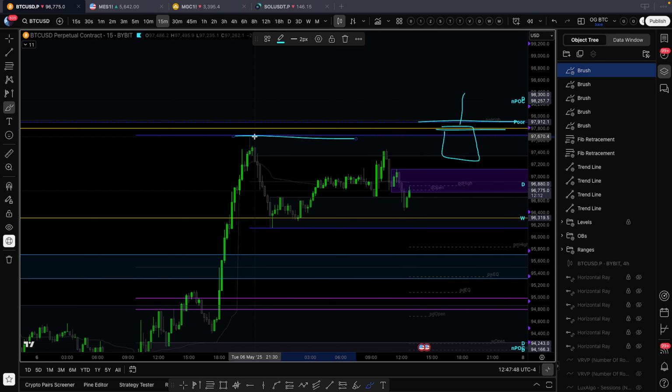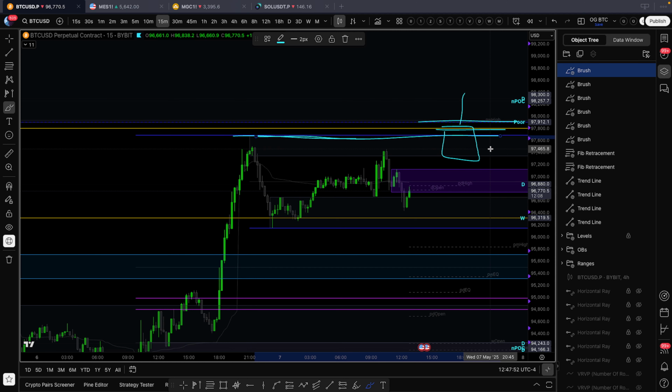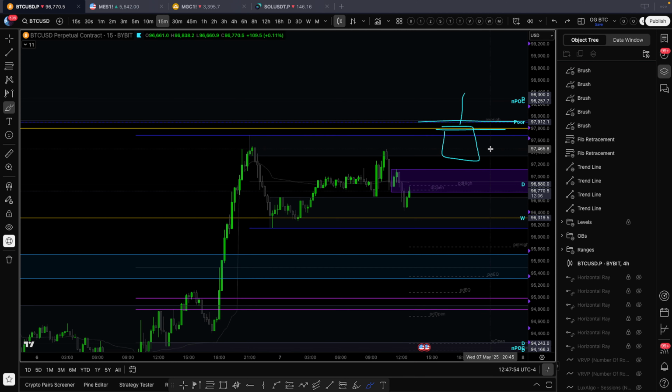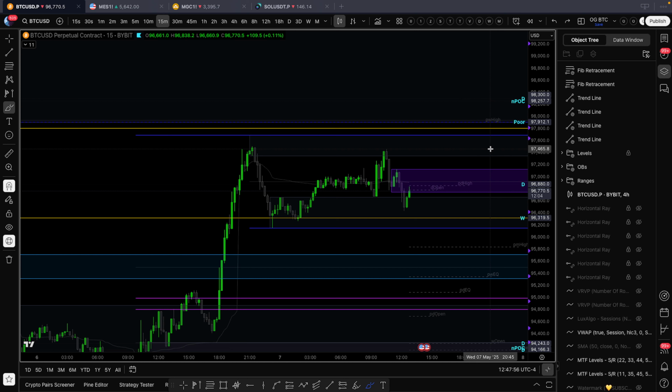If we close below both of them, that is going to be a very, very strong short for me. I will take that any day of the week on the close of that candle and any other confirmations, maybe like a CVD divergence or a market structure flip.